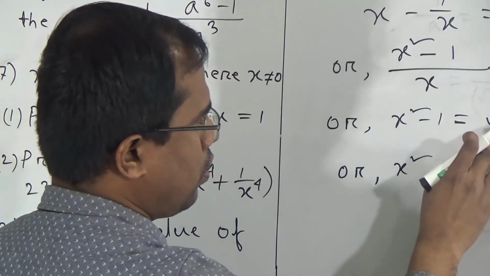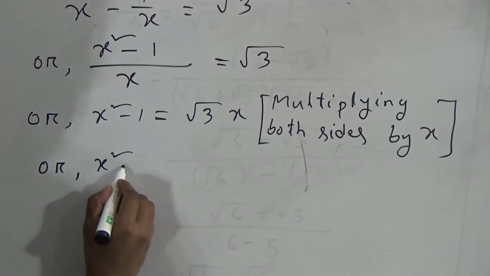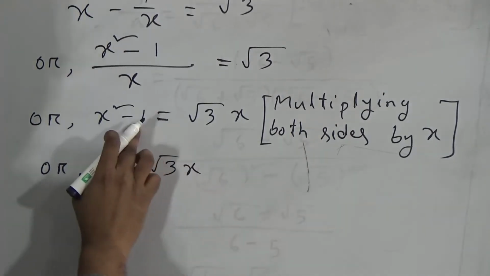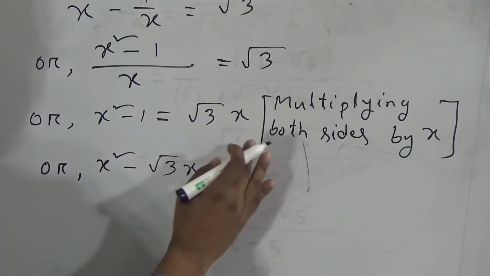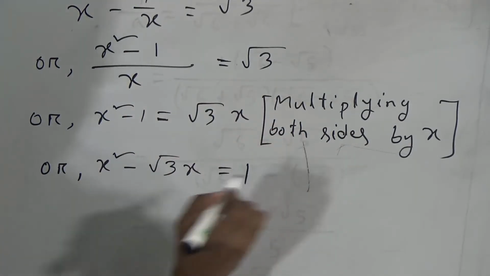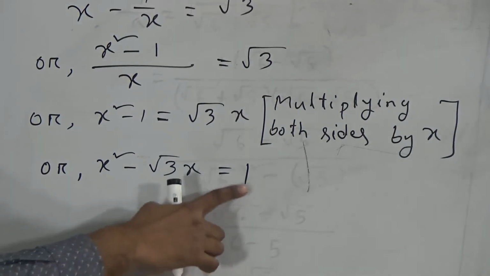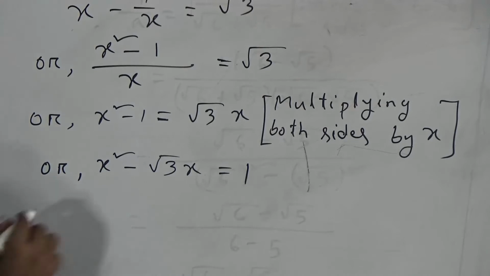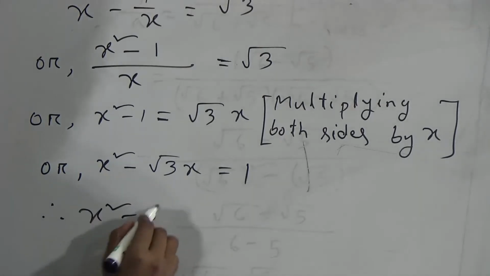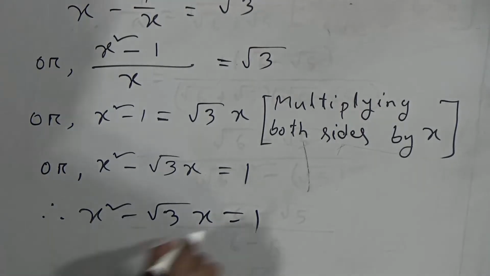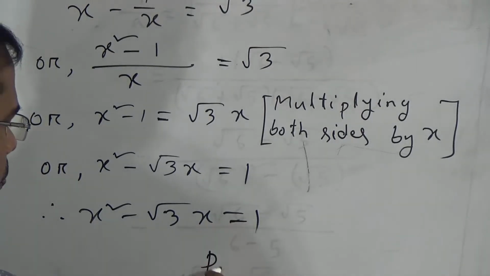Here if we bring root 3x in left side, then it will be minus root 3x. And if we send this minus 1 in right side, it will be plus 1. So value of x square minus root 3x is 1. Therefore x square minus root 3x is equal to 1. Proved.